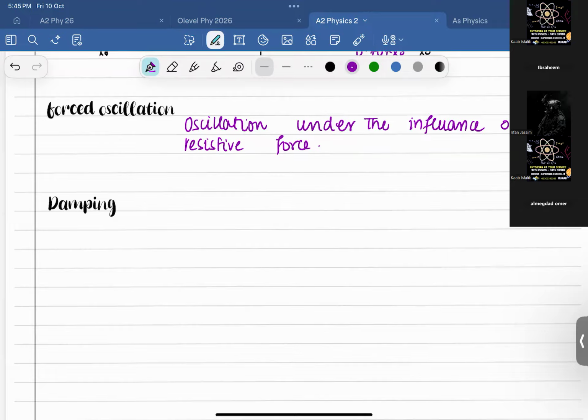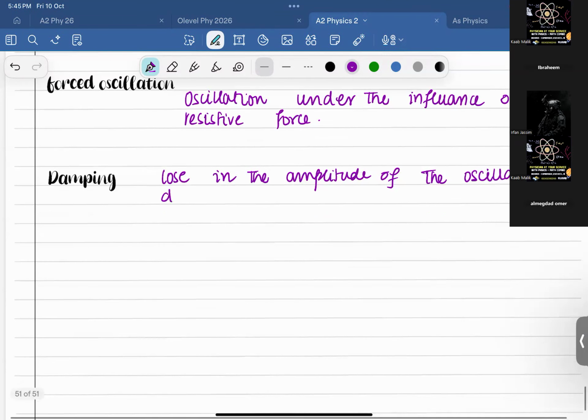Okay, so damping is basically the loss in the amplitude of the oscillation, okay, due to the resistive force. Okay. And this causes the energy loss, by the way.